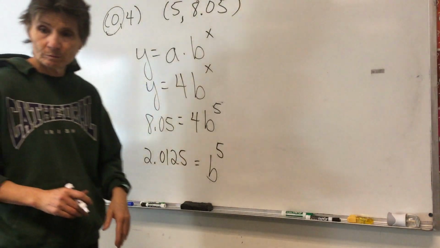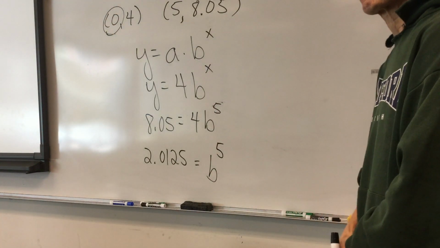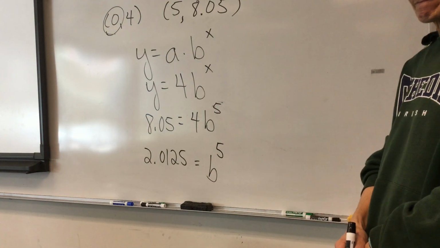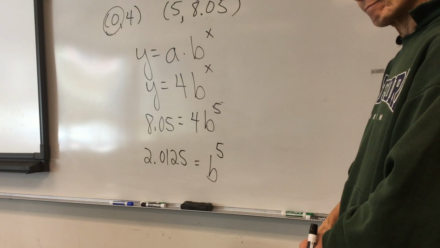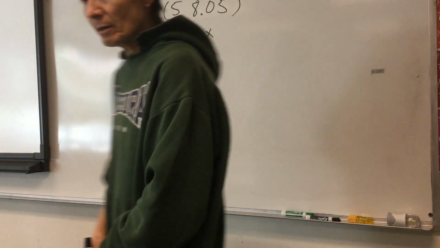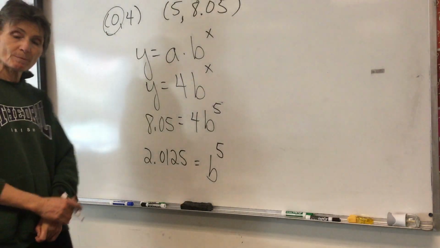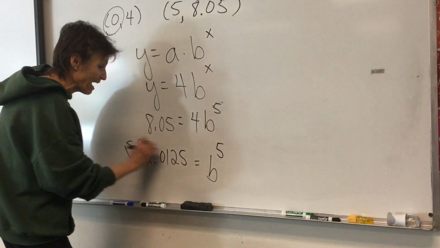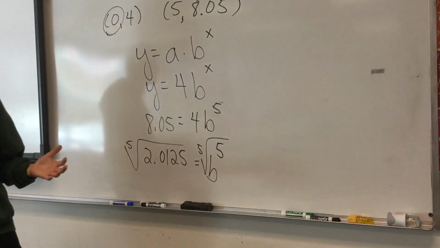Now what do I do? Take the 5th root. Beautiful, Liz. Thank you. Take the 5th root of both sides. Now, I'm going to show you, we're going to talk about 2 different ways to do that.